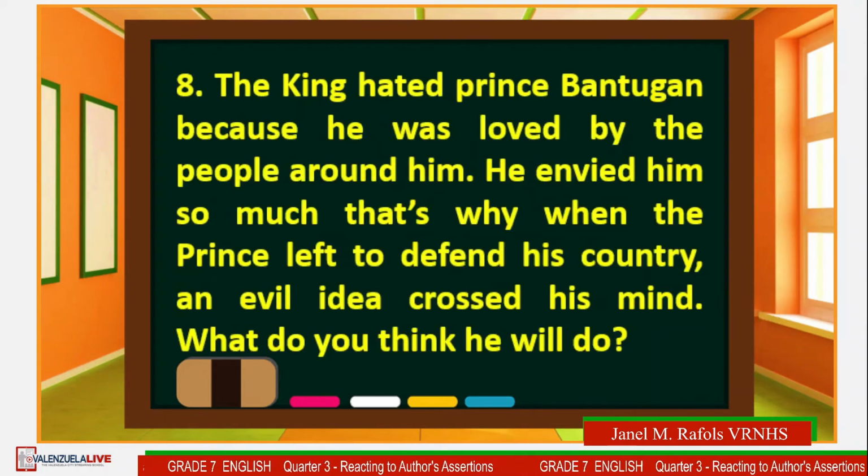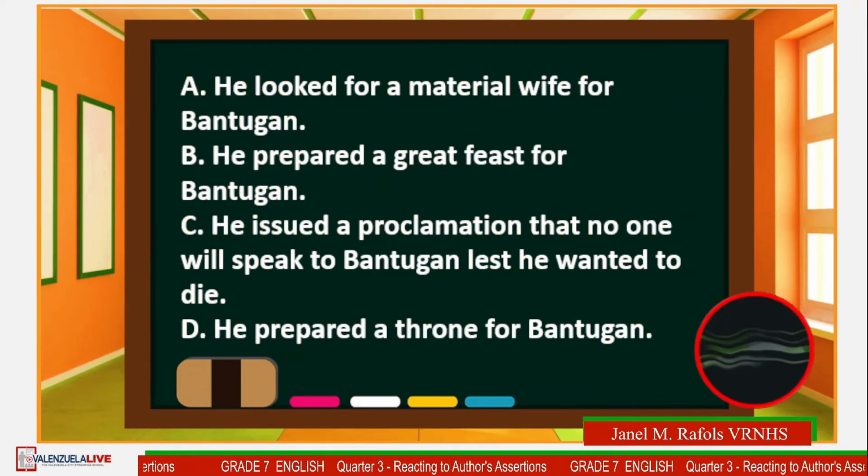Number 8. The king hated Prince Bantugan because he was loved by the people around him. He envied him so much, that's why when the prince left to defend his country, an evil idea crossed his mind. What do you think he will do? A. He looked for a material wife for Bantugan. B. He prepared a great feast for Bantugan.